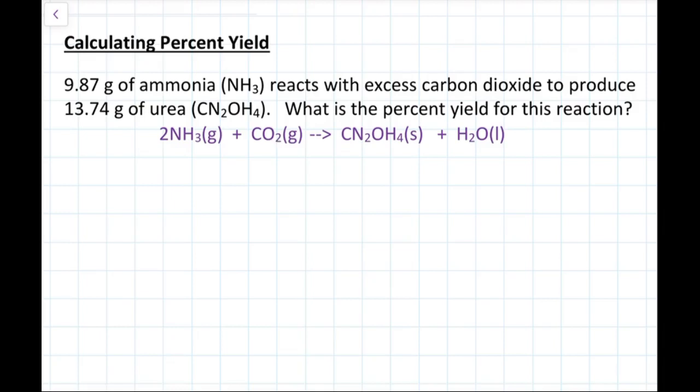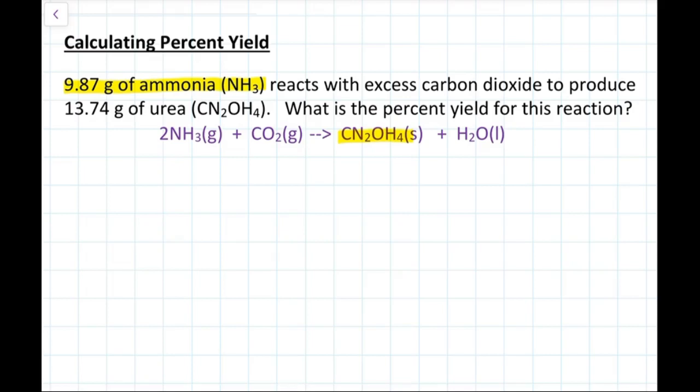So what we're going to do is simply determine how much product, in this case the urea, should be produced by reacting 9.87 grams of ammonia. Because as you guys found out in the lab already, you don't always get what you're supposed to get in terms of the amount.